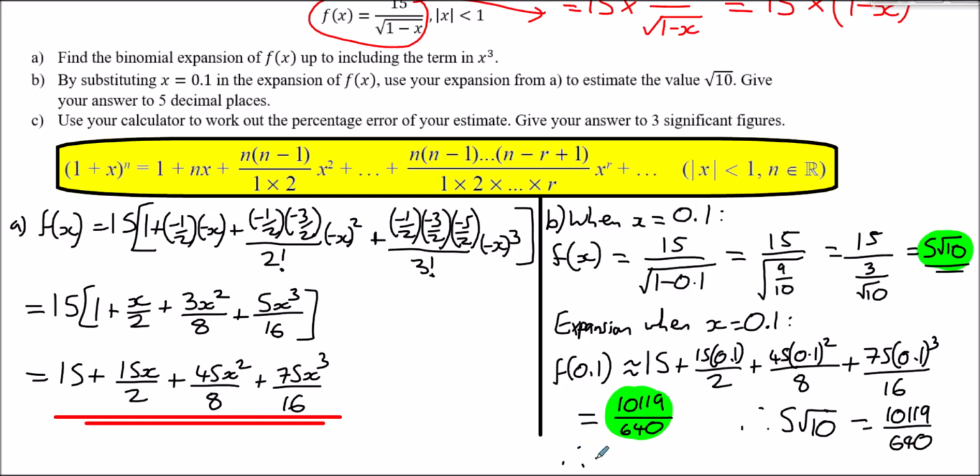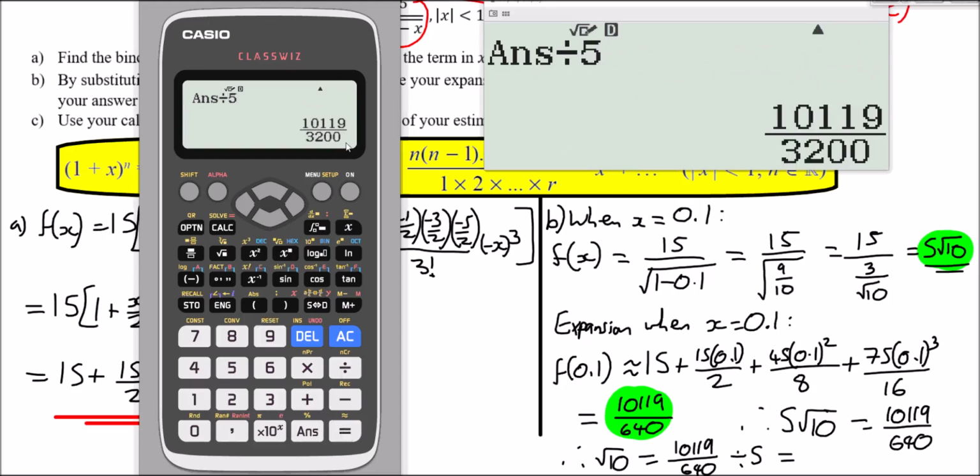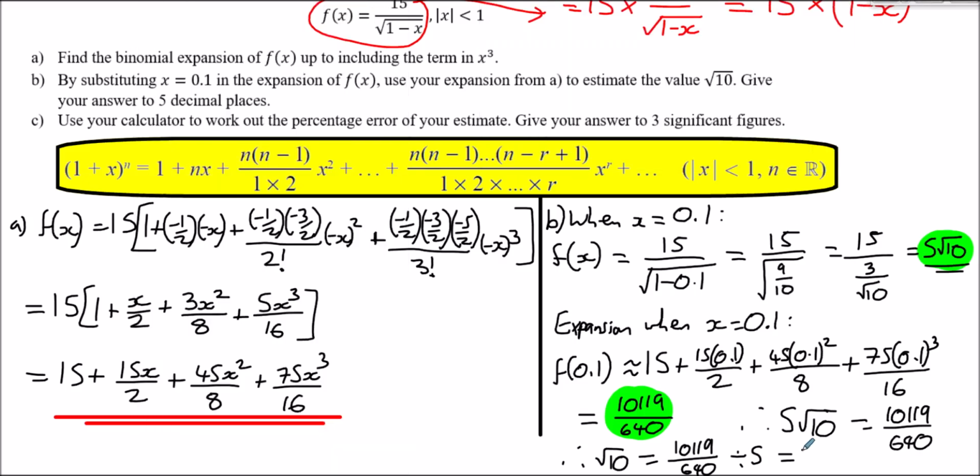So therefore, root 10 equals 10,119 over 640 divided by 5. So this answer we just got, divide that by 5. We have this, press S to D, we need it to 5 decimal places, we get 3.16219.